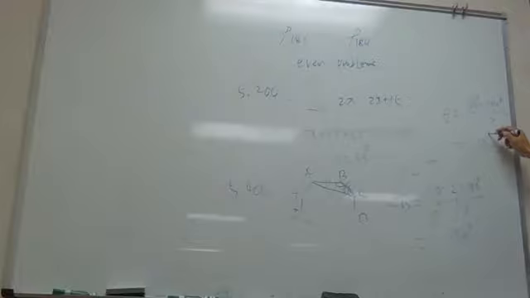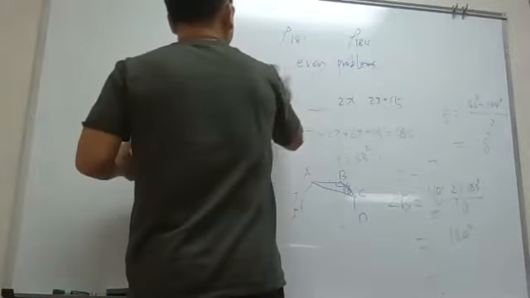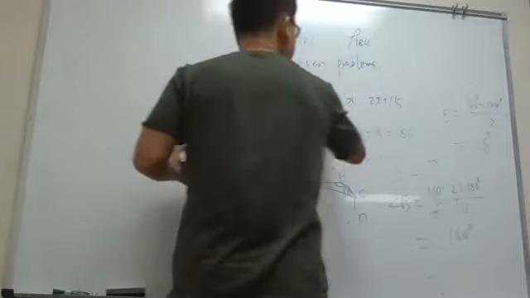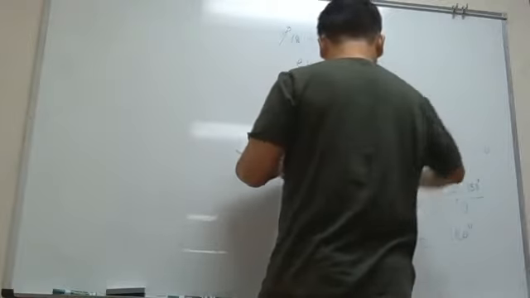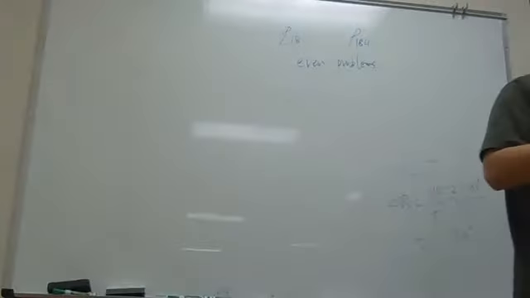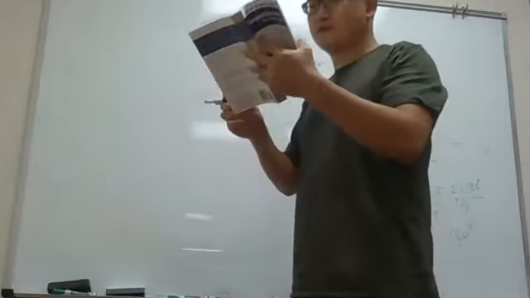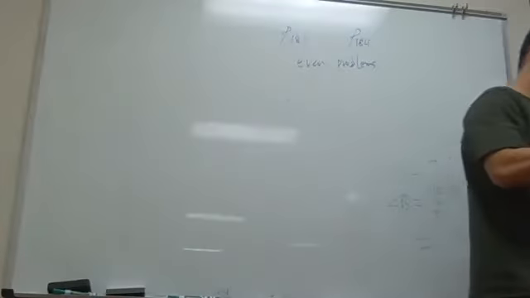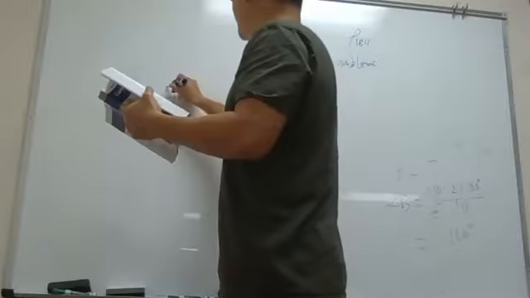Is everyone done? So it should be pretty straightforward, right? So next one. For the next one, we have a regular polygon with interior angles measuring 179 degrees.